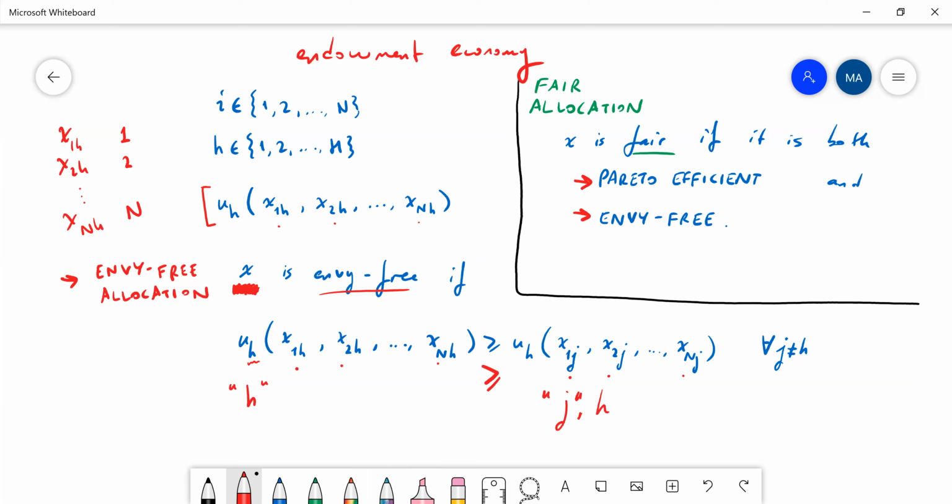So this is one way of defining fairness. Okay? Because again, it is Pareto efficient and again, it is envy-free. All right?